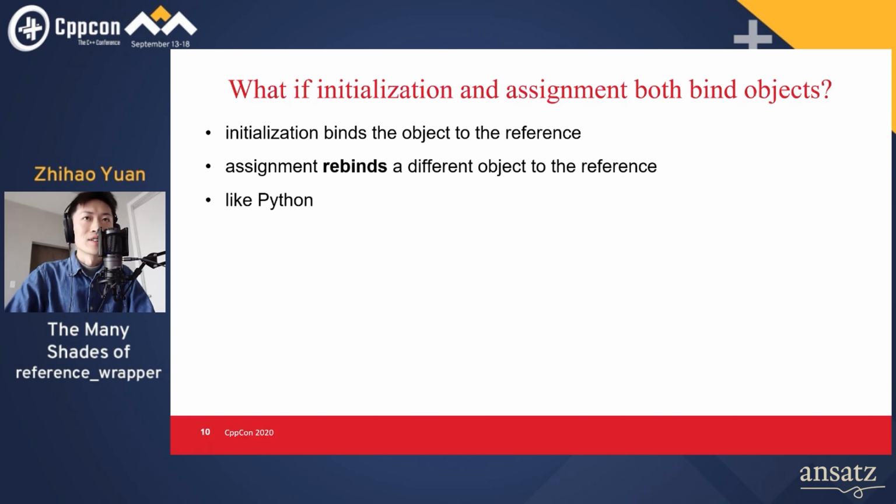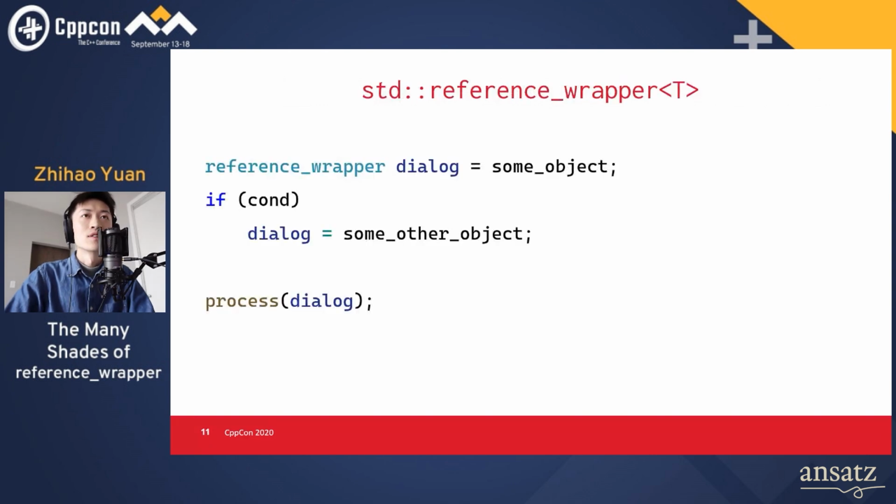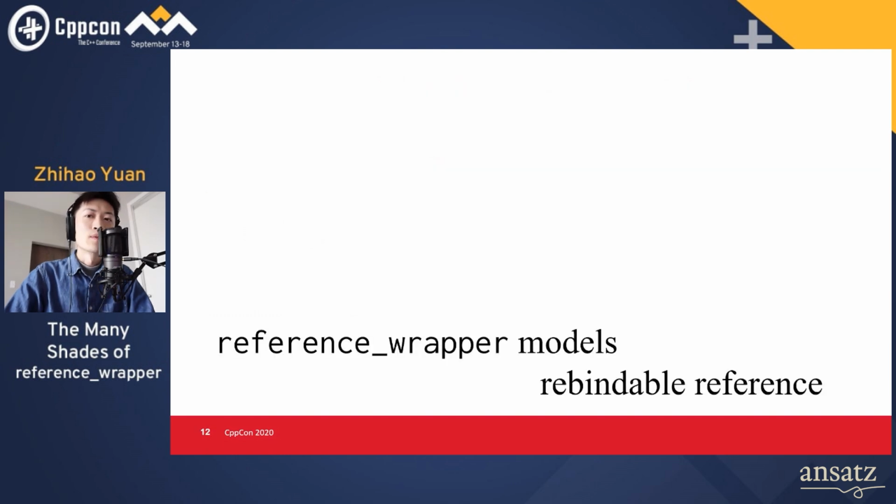With this semantics, we offer std::reference_wrapper. If we rewrite the previous example that didn't work by replacing the auto& with reference_wrapper, the example works and has the right semantics. So reference_wrapper models rebindable references.